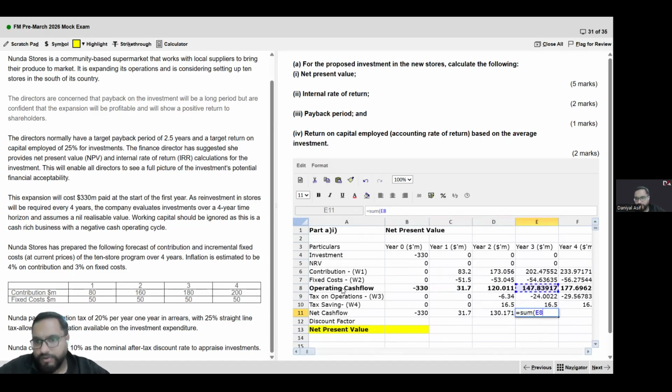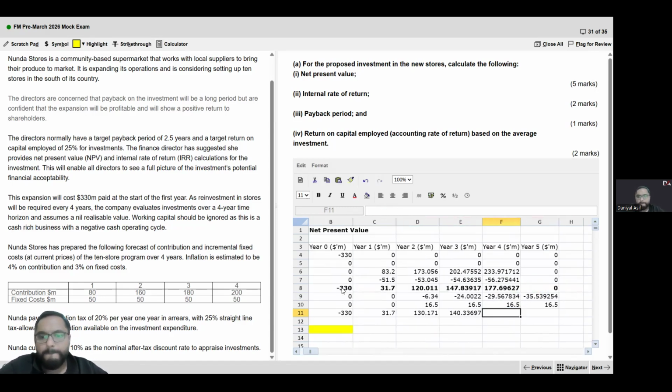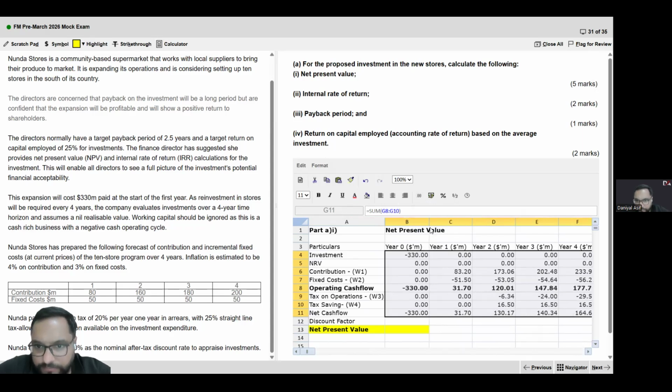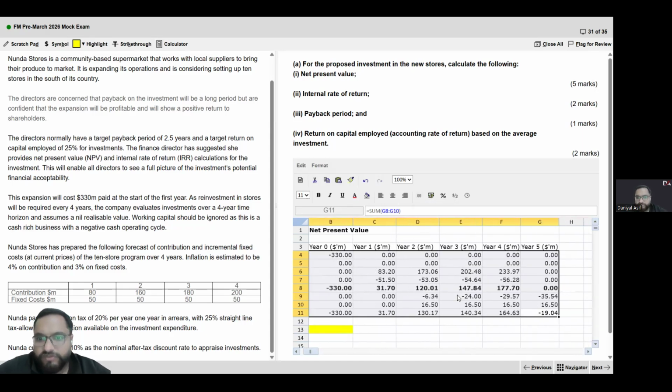Now, what I'm going to do is select all these cash flows and format them to two decimal places so that my calculations get easy.